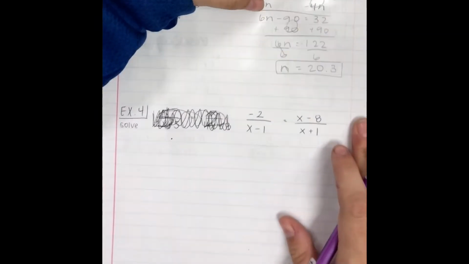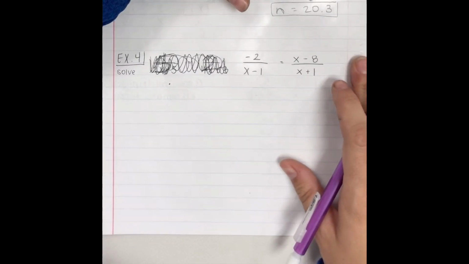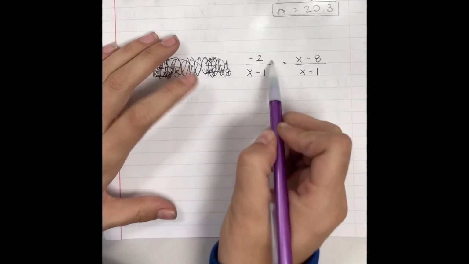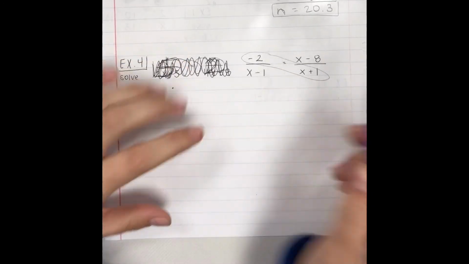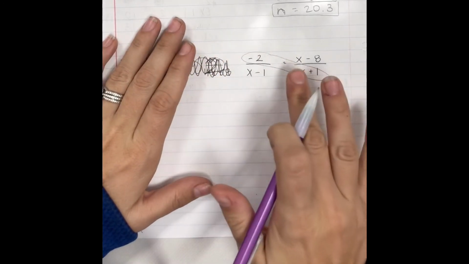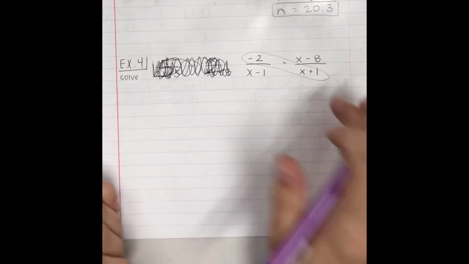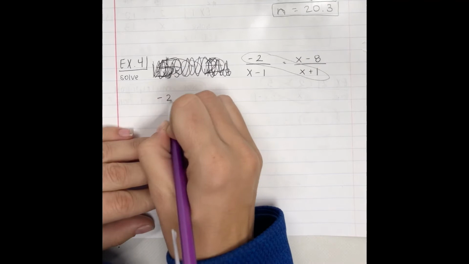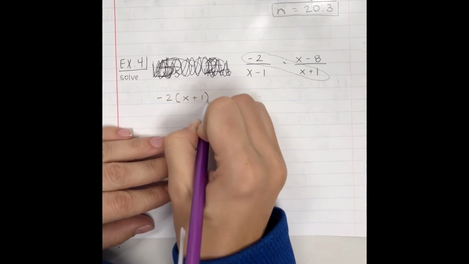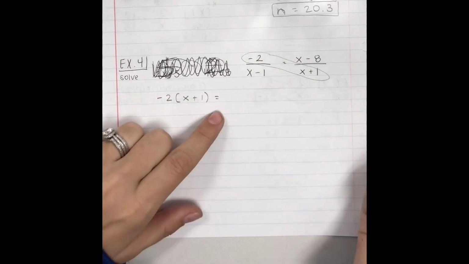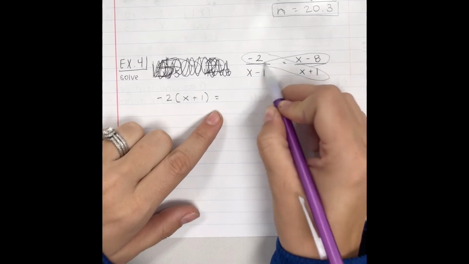Okay, so example 4, we're going to solve this one as well. So I'm going to cross multiply. The reason I'm cross multiplying is I have fraction equal to fraction. So cross multiplying, negative 2 times (x plus 1) equals, and then we're going to cross multiply the other way.